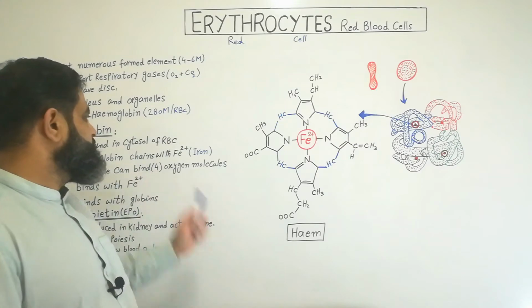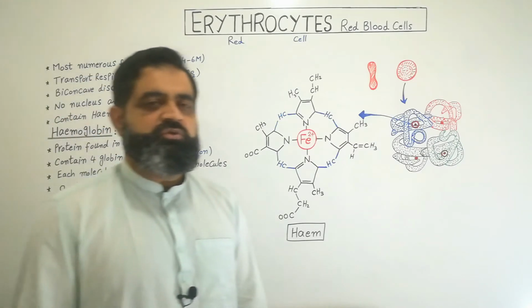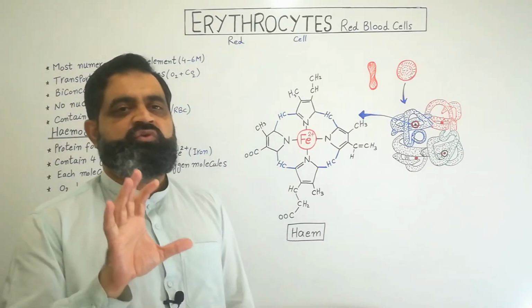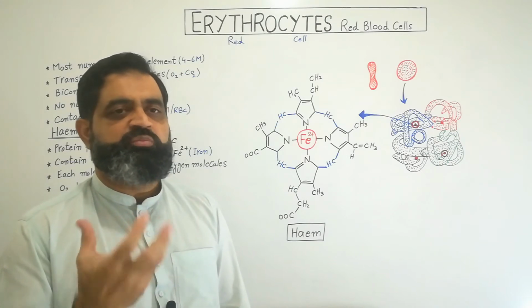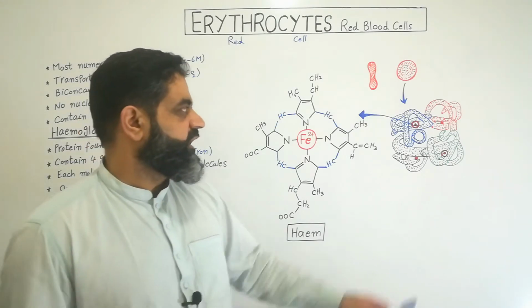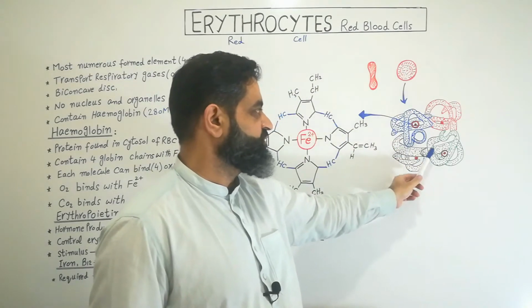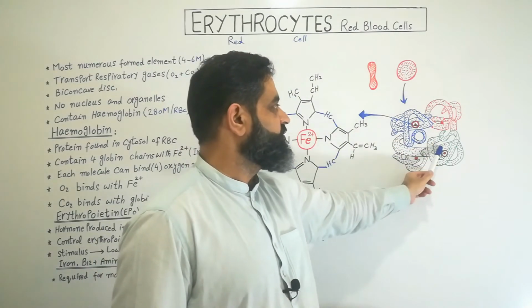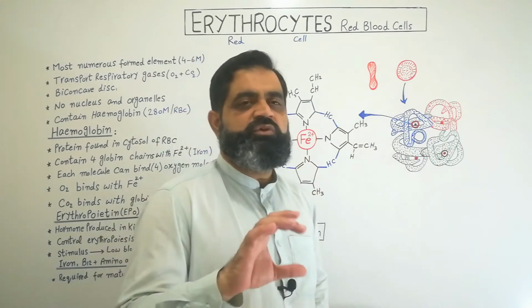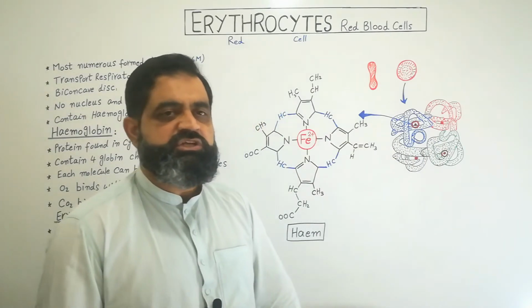The second point is that the hemoglobin molecule, which is a protein, contains 4 chains of globin protein. As you can see in this diagram, I have taken the proteins from the red blood cell. There are 4 chains, 1, 2, 3, 4. I have made them in different colors so that you can easily distinguish them.